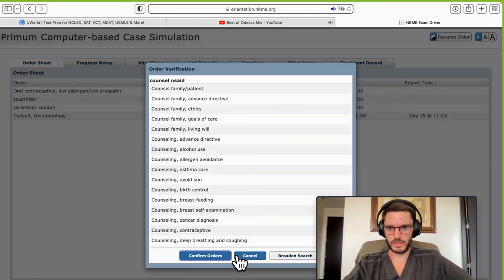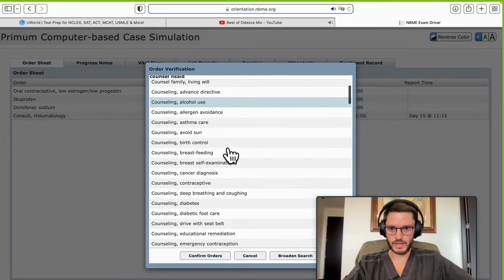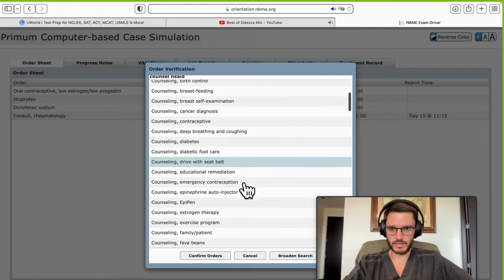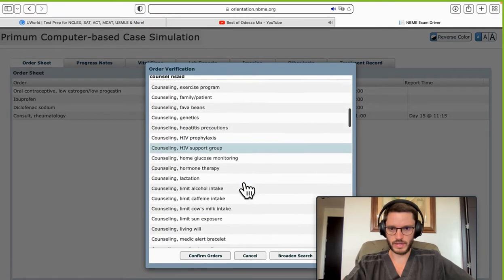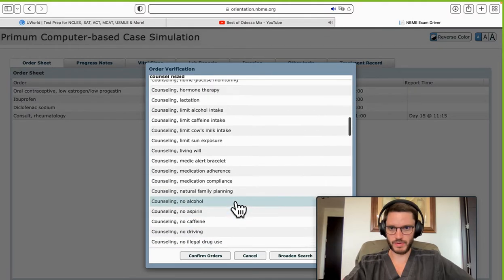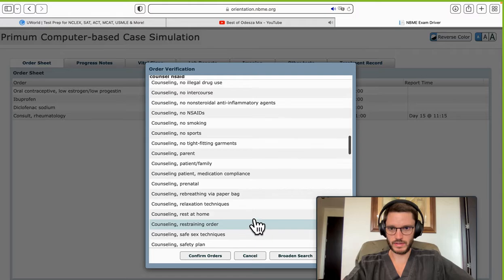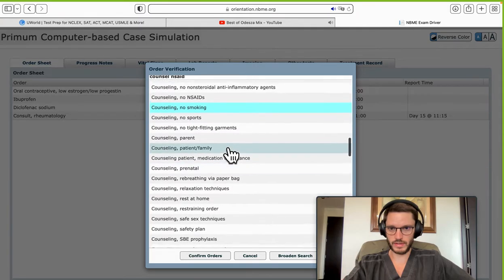NSAID use, maybe. So, counsel on asthma, cancer, contraceptive, driving, EpiPen, exercise. It's important that she exercises. No smoking, okay.